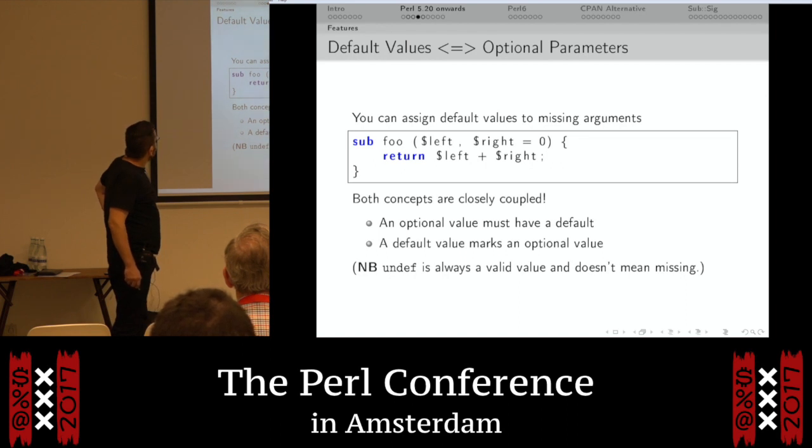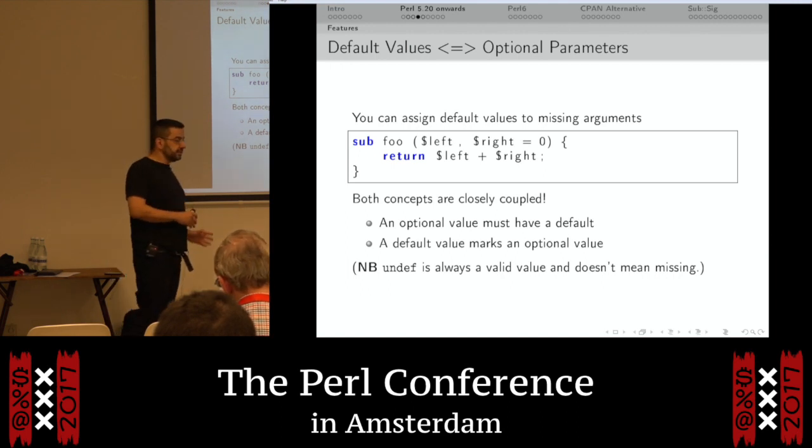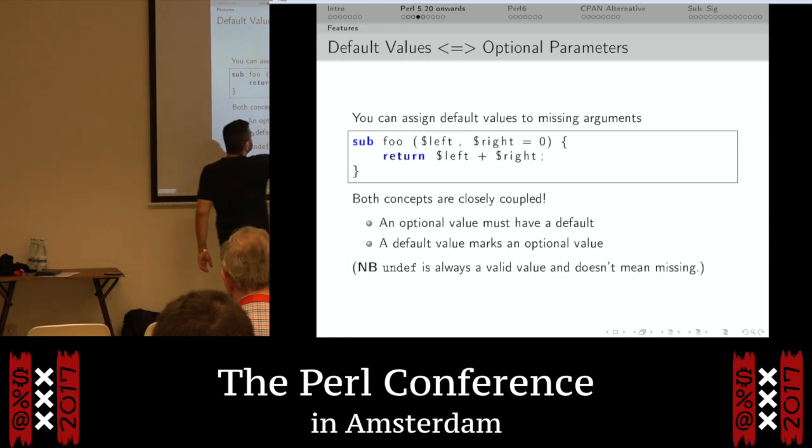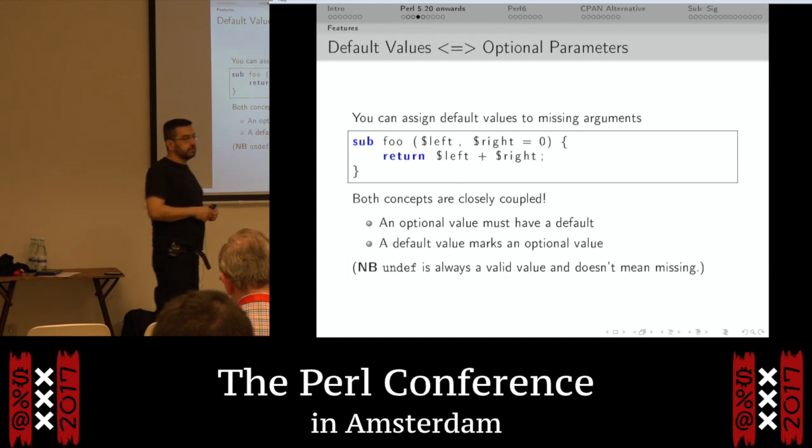The other feature is that you can assign default values, and default values are closely coupled to the concept of optional parameters. If you assign a default value to one variable, this variable is not mandatory anymore, it's optional.